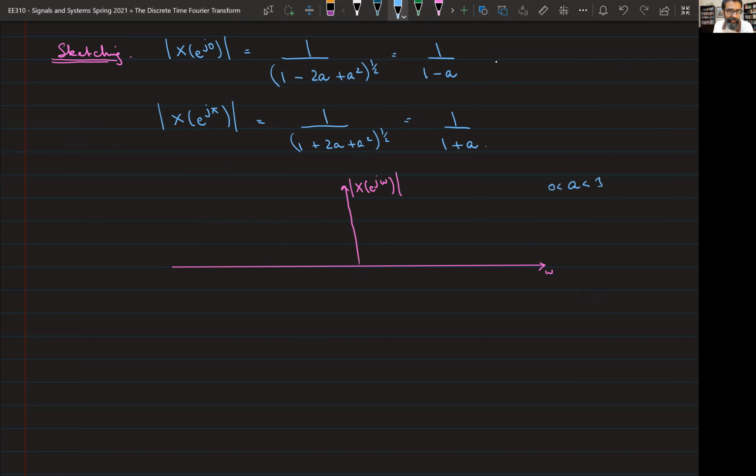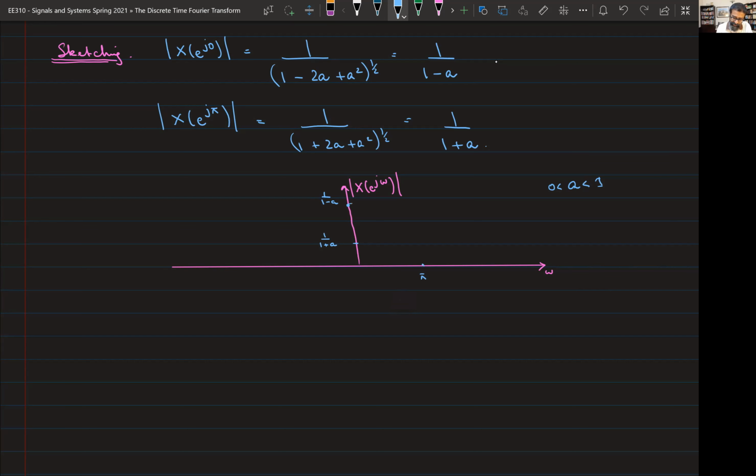If a is positive, then 1 upon 1 minus a is actually greater than 1 upon 1 plus a, right? So if this is 1 upon 1 minus a, at a frequency of pi you're going to have some value which is 1 upon 1 plus a, which is going to be smaller.